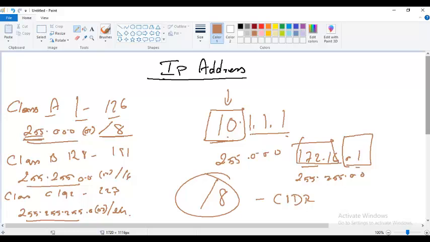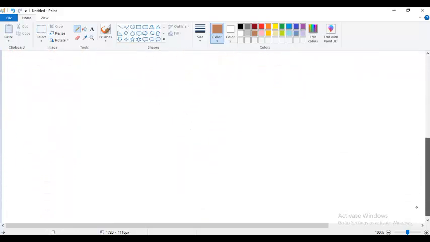Now, I'm going to write a network, and you should tell me what class, what mask, what will be the first IP in that network, what will be the last IP in that network, and what will be the broadcast IP in the network.